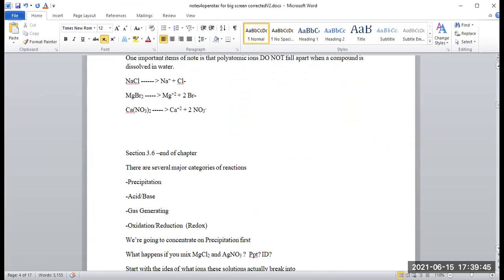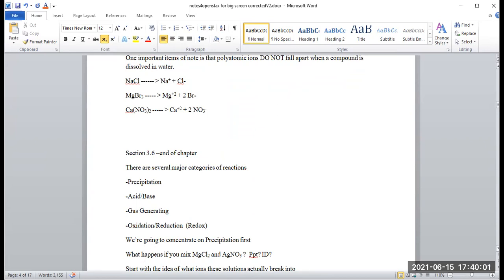So a little bit more tonight. We are going to be looking over the course of the next couple of class periods at categories of reactions.